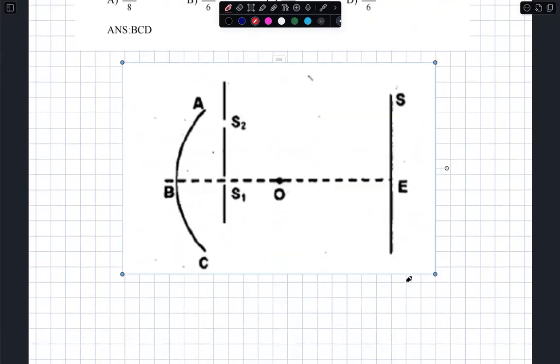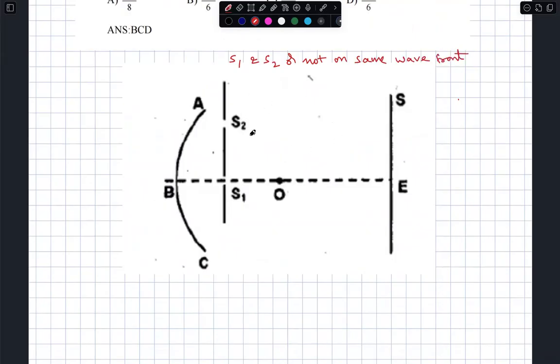Frankly speaking, when a wavefront reaches S2, please understand these two, S1, the problem here is S1 and S2 are not on the same wavefront. That is the first observation.